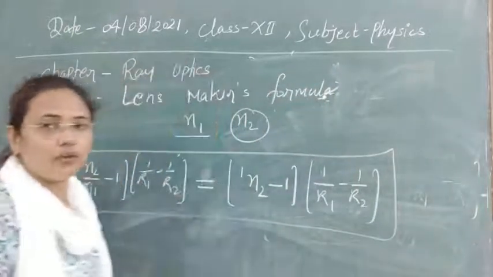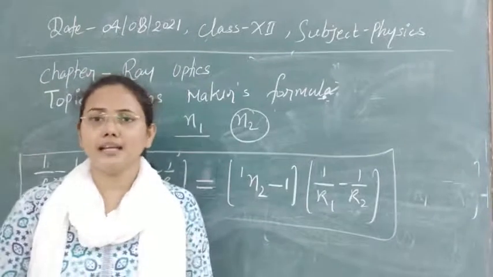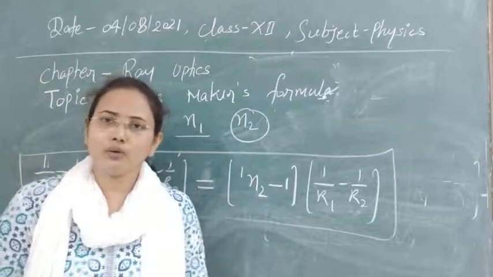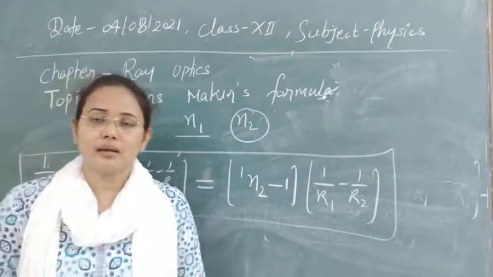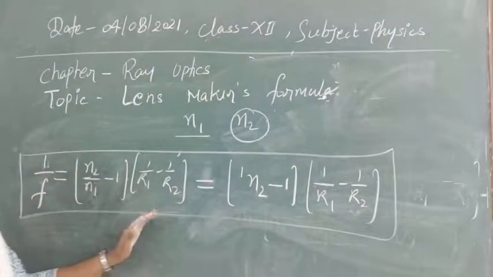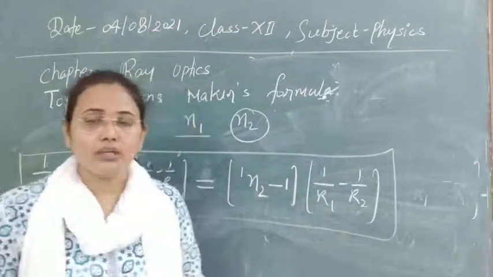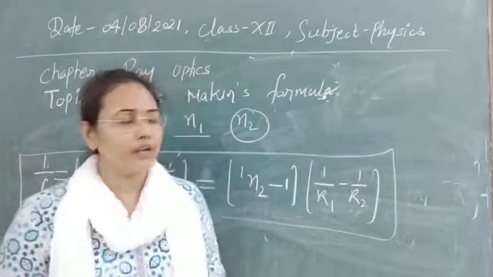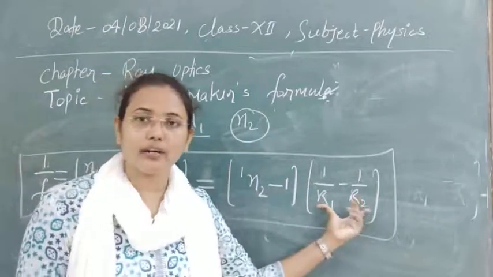How can we change the focal length, how are we obtaining varying focal lengths by the lenses? That's why it is called Lens-Maker, because we can know which kind of materials we have to use and what difference there will be by this changing refractive index. One more thing: as you are making these two refracting surfaces, you can put their radius of curvature according to what value of focal length you need.